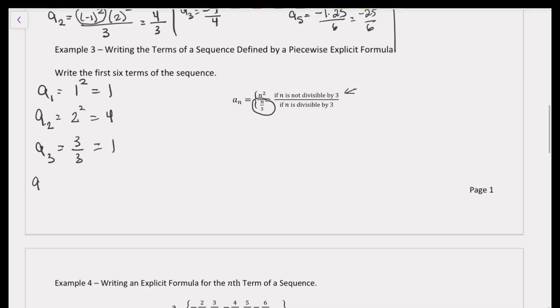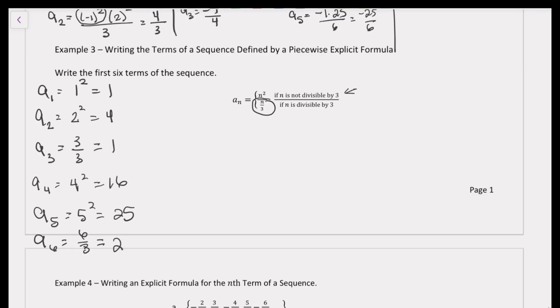A sub 4, it's not divisible by 3, so 4 squared, and we get 16. A sub 5, not divisible by 3, so 5 squared, and we get 25. A sub 6, it is divisible by 3, and we're going to do 6 divided by 3 and get a 2.